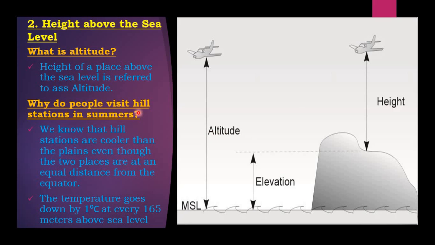Why do people visit hill stations in summers? We know that hill stations are cooler than the plains, even though the two places are at an equal distance from the equator.